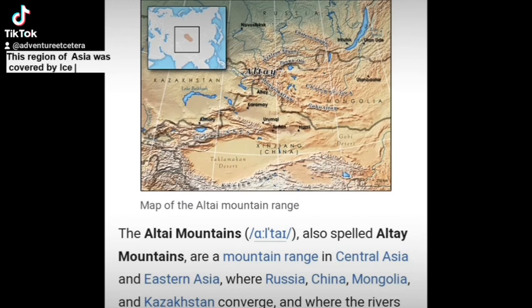And at that time, the Altai mountains were covered by ice. This was in the current Mongolia, or southern part of Mongolia.